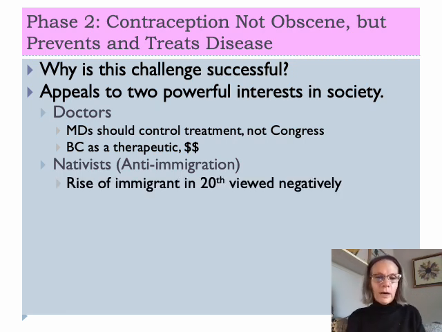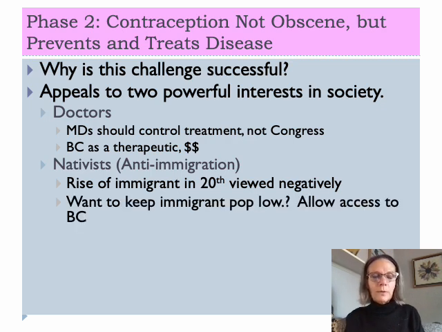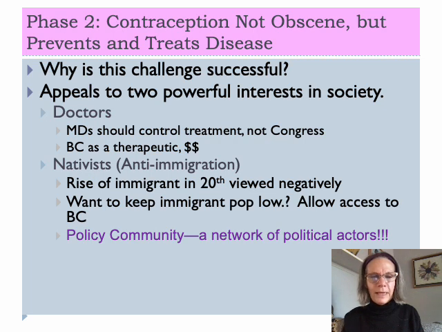So Sanger appealed to the nativist sentiment in order to achieve her goal of getting rid of the Comstock Act. The rise of immigrants in the 20th century was viewed negatively. Hey, you want to keep the immigrant population low, allow access to birth control, give birth control to immigrants, and therefore they'll stop reproducing and real Americans can reproduce and keep the population pure.